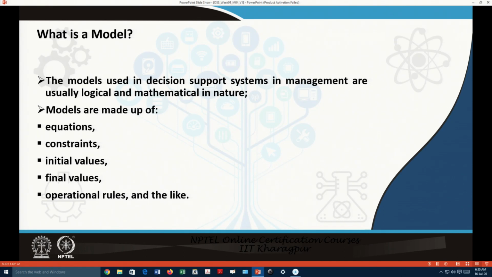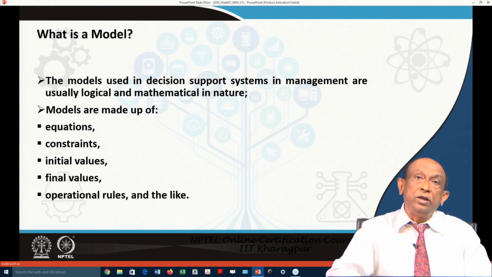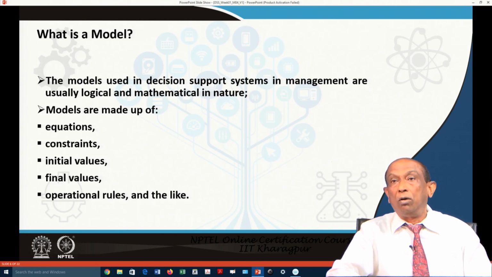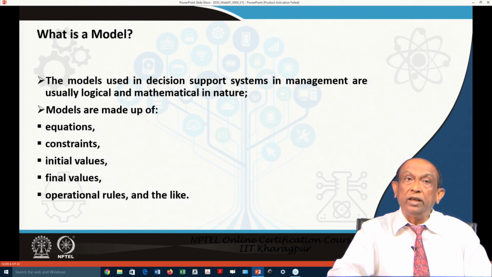The models that are used in decision support systems, particularly in the area of management, are usually logical or mathematical in nature.